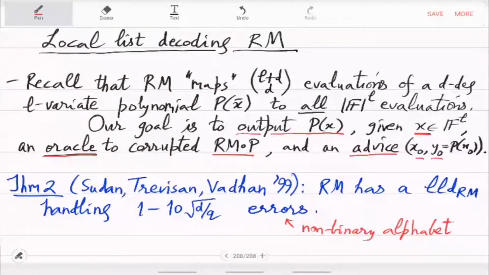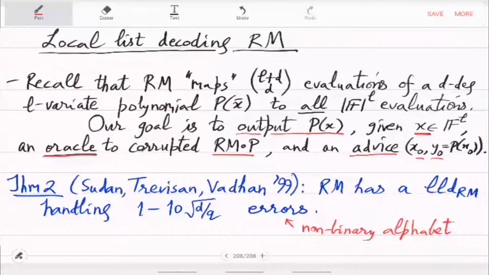So out of these F to the L evaluations, almost 100% of field elements are erroneous. And the field is large. The alphabet is also large. That is given by the finite field.